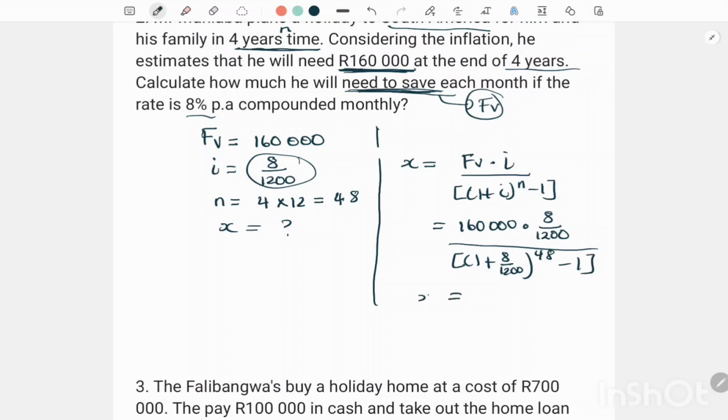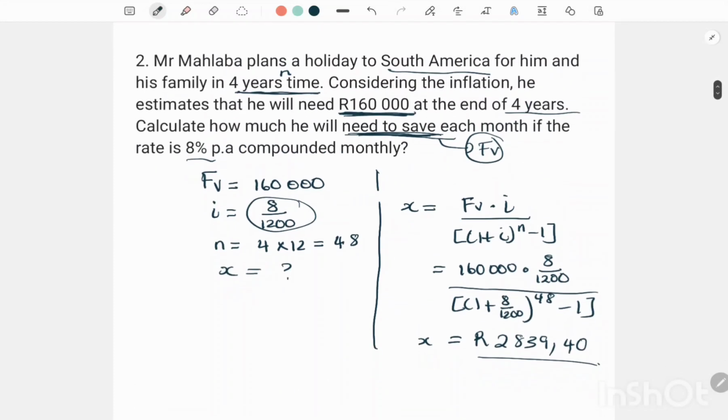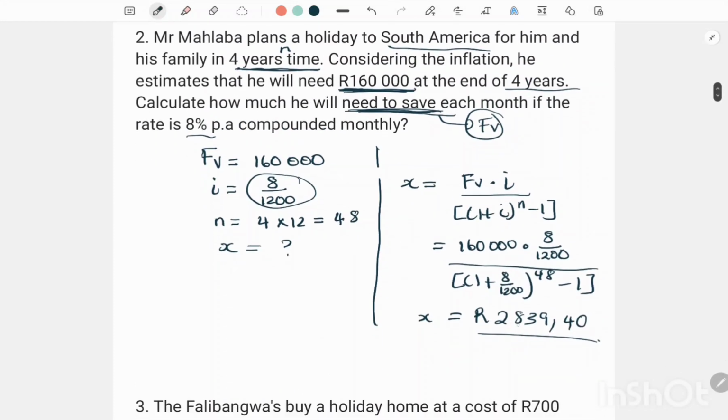Then you punch in your calculator to get the answer. You must put the rands in your final answer, please. 2,839.40 cents. You can put the C there. So Mr. Mahlaba needs to save this amount to get to that future value. Next question.